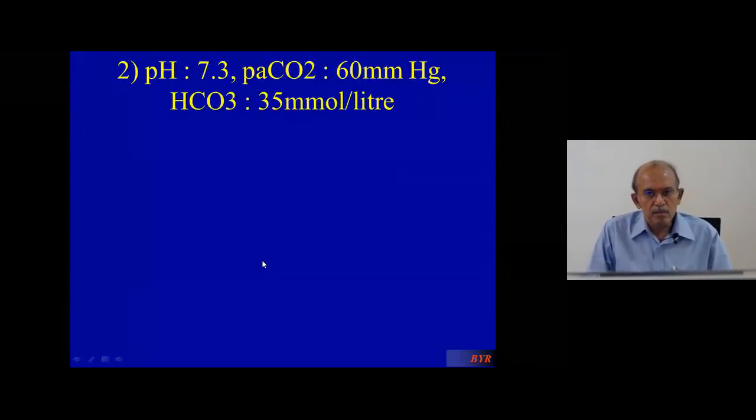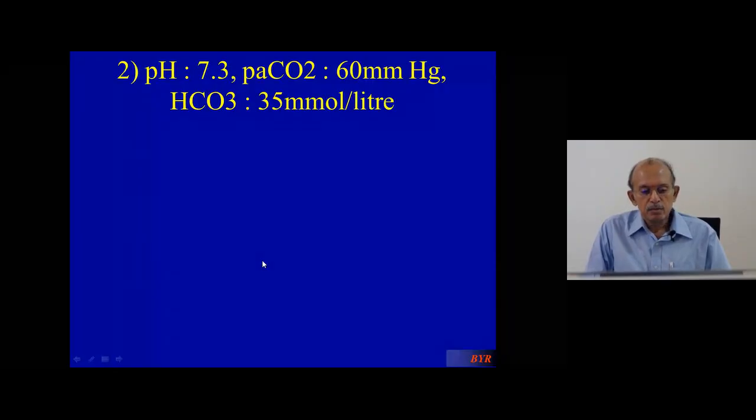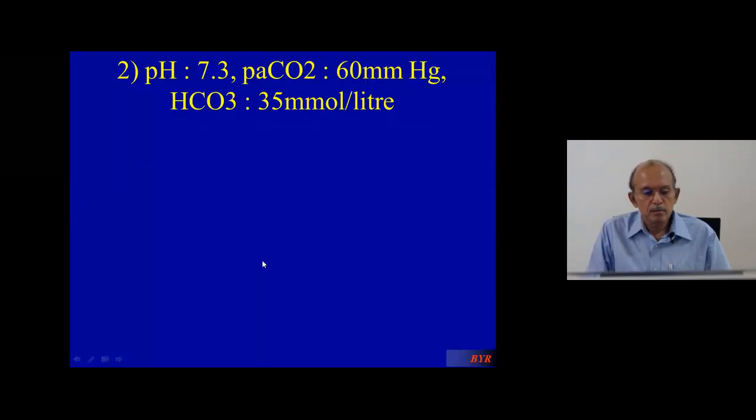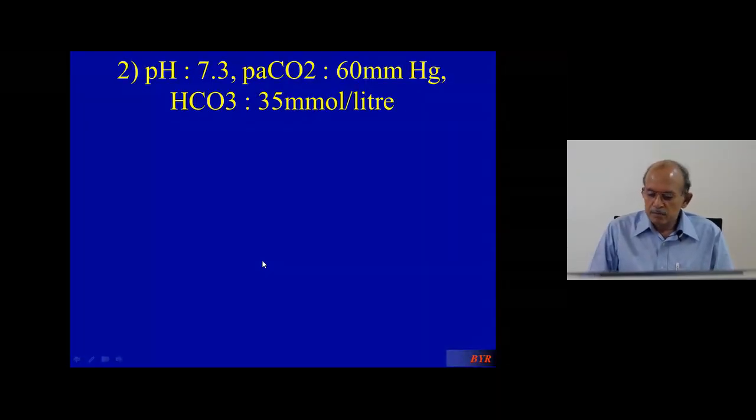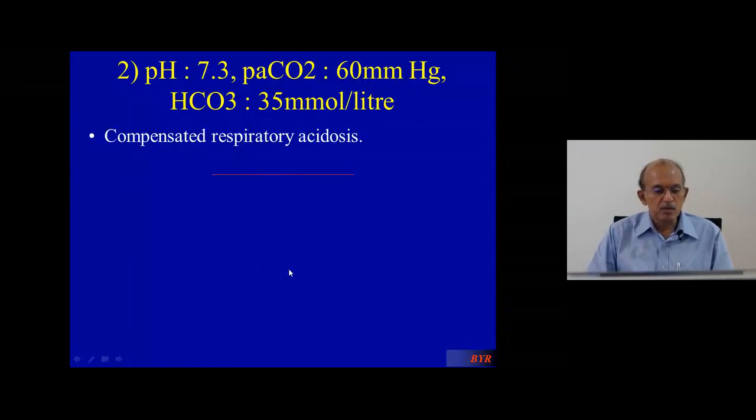Then tell me the answer for this. pH 7.3, PaCO2 60 millimeters of mercury pressure, bicarbonate 35 millimoles per liter. Yes, very good. It is compensated respiratory acidosis. Wonderful.